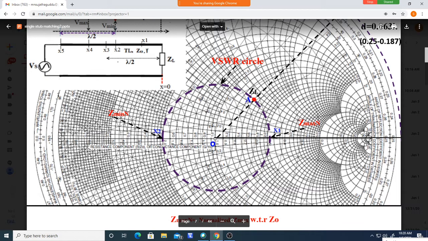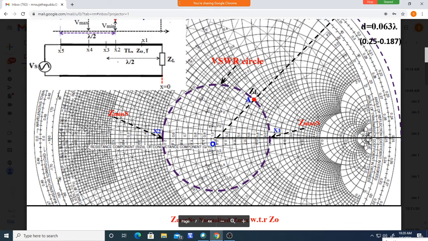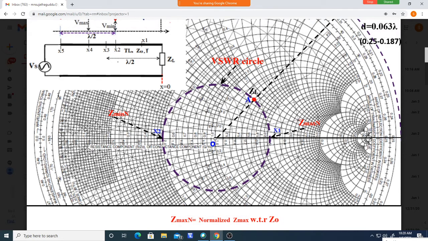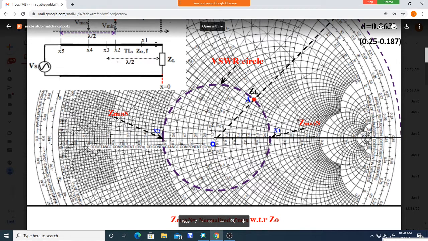So you can find out at what distance on the transmission line the real part of the impedance is equal to 1.